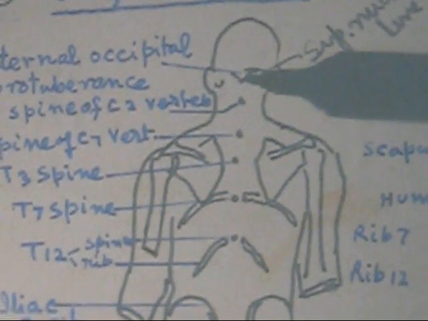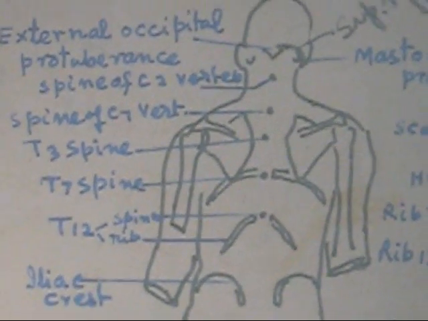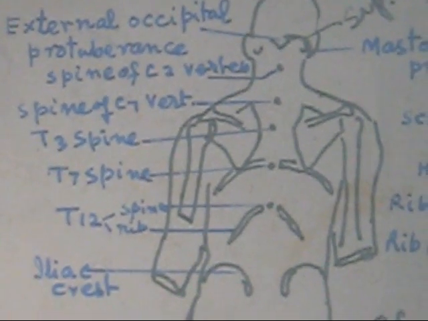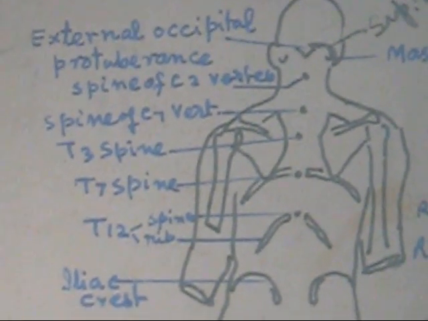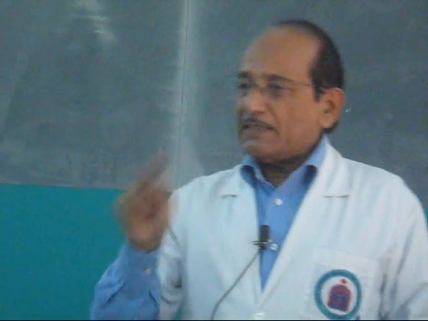Now we come down in that same nuchal furrow to feel the spines of the cervical vertebrae, which make up the vertebrae of the neck region. The first cervical vertebra does not have any spinous process.